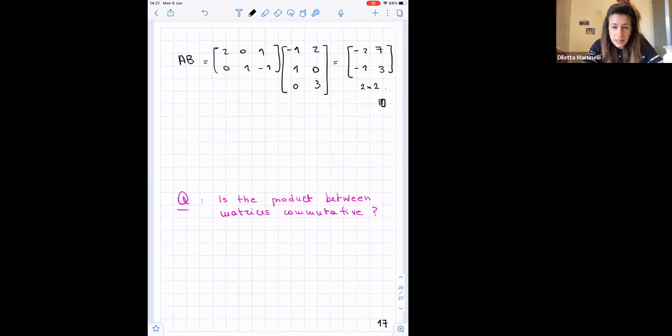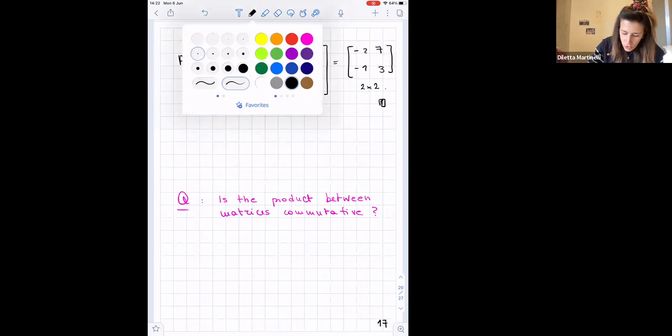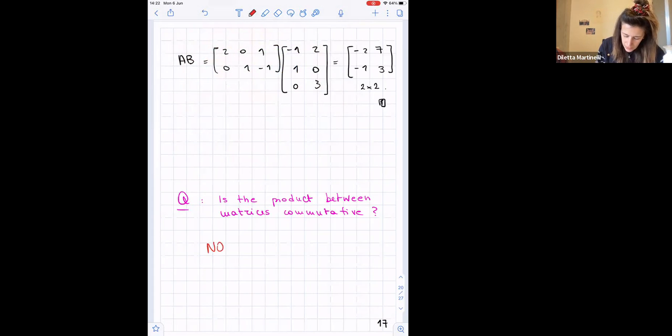Amara says no. What about the others? Is it commutative or not? No. No. Yeah, it's not commutative. And we could do some examples right away.